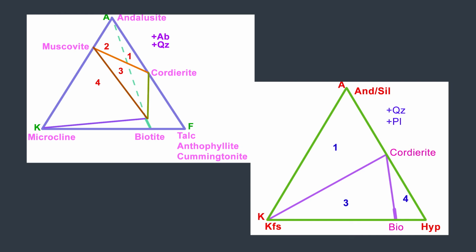The orthoamphiboles subfacies of the potash feldspar cordierite Hornfels facies differs from the hornblende Hornfels facies in that muscovite in the presence of quartz is no longer stable.